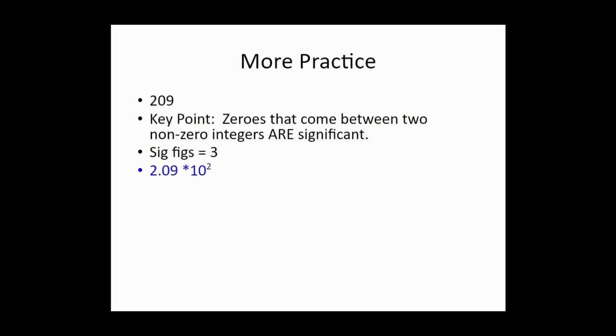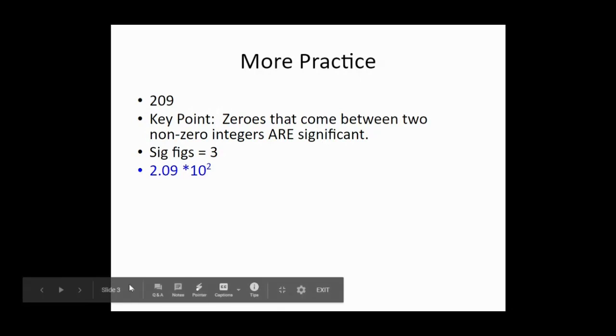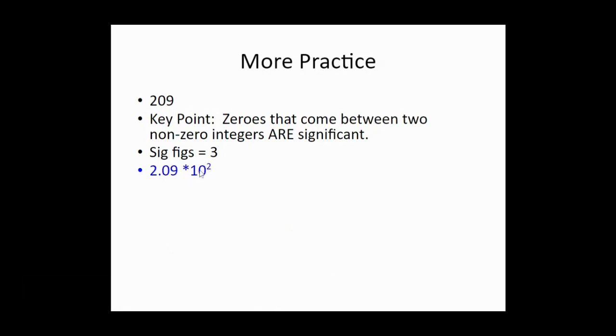When we put it into scientific notation, we have a ones place, a decimal point, and then all the other numbers. Obviously, we've moved our decimal point 2 places, 1, 2. So we're going to multiply by 10 to the 2 to communicate that this number in scientific notation is actually 209.